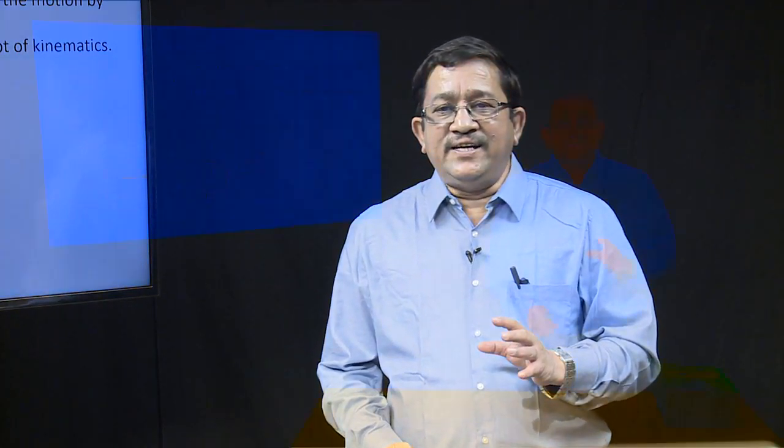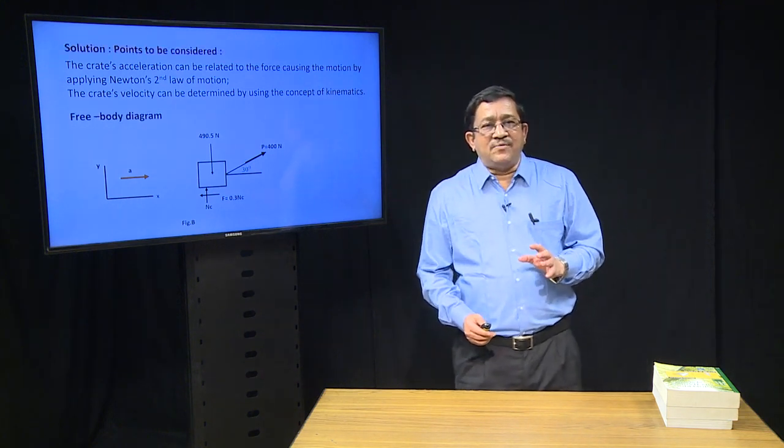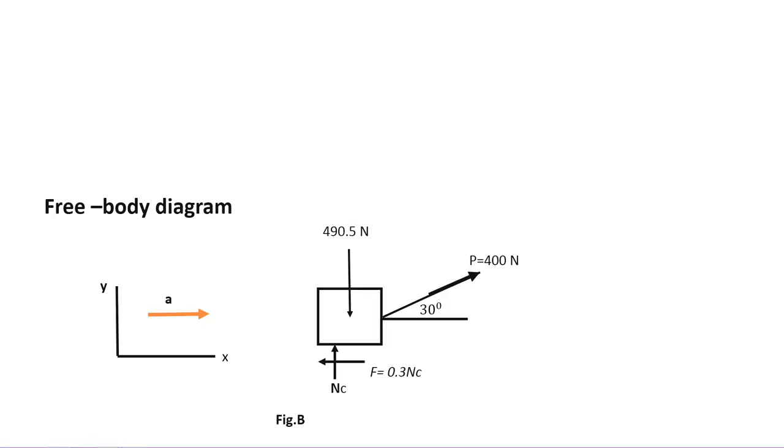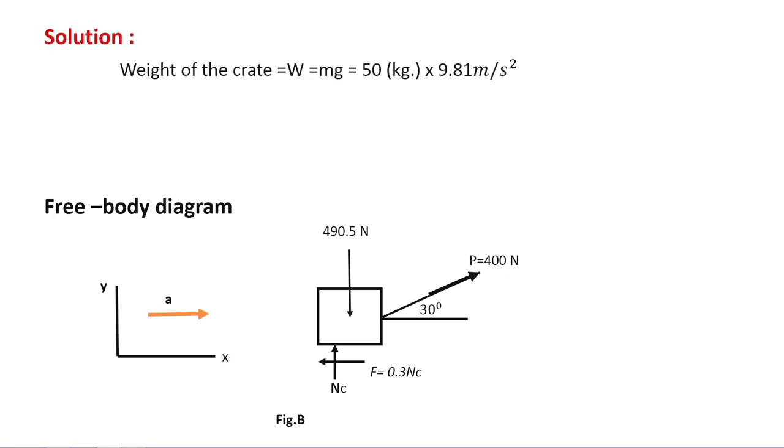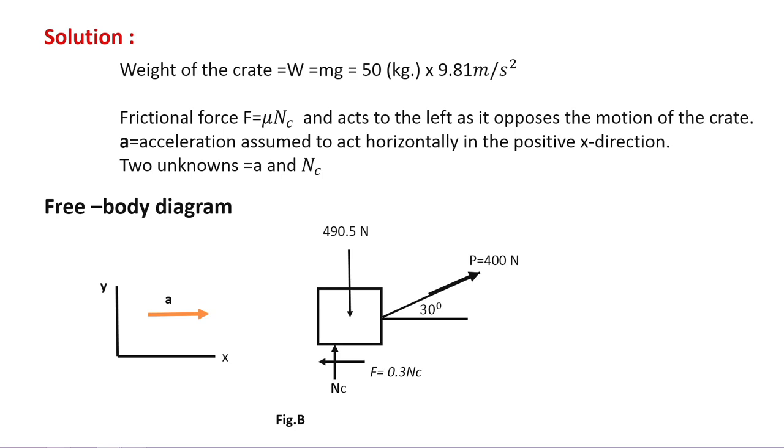Now, in the free body diagram we have drawn the weight of the crate, then the frictional force F equal to mu_k N_C, where N_C is the resultant reaction, and it acts to the left as it opposes the motion of the crate. We always know the frictional force acts opposite to the motion of the crate. Here the two unknowns are a and N_C.